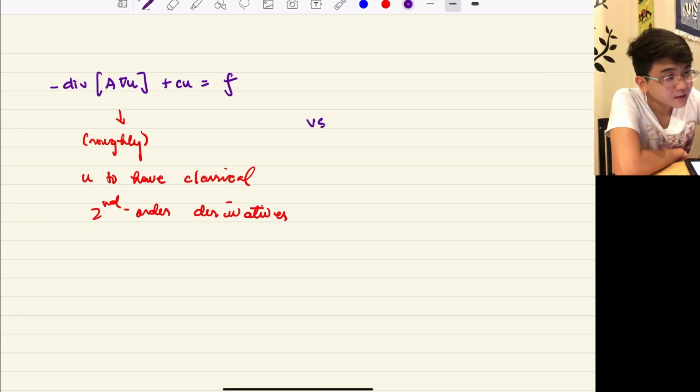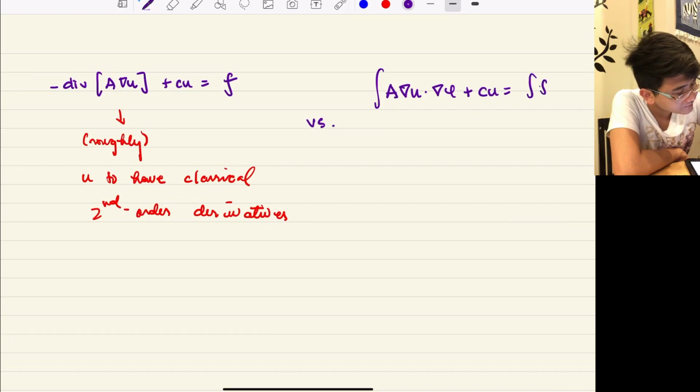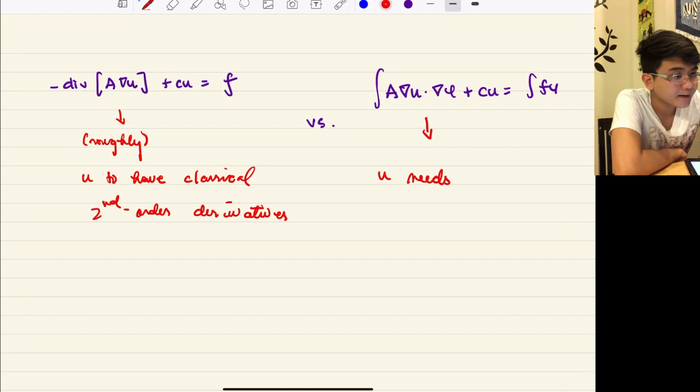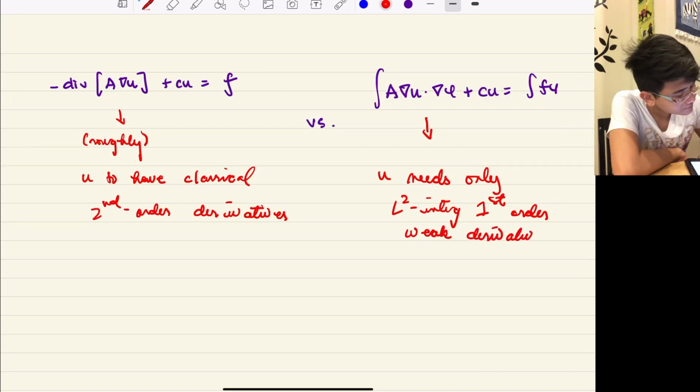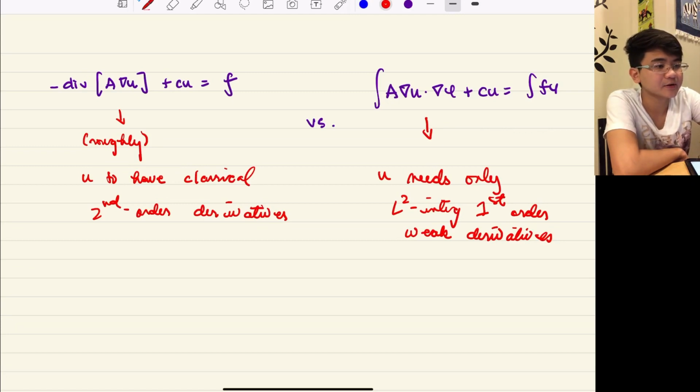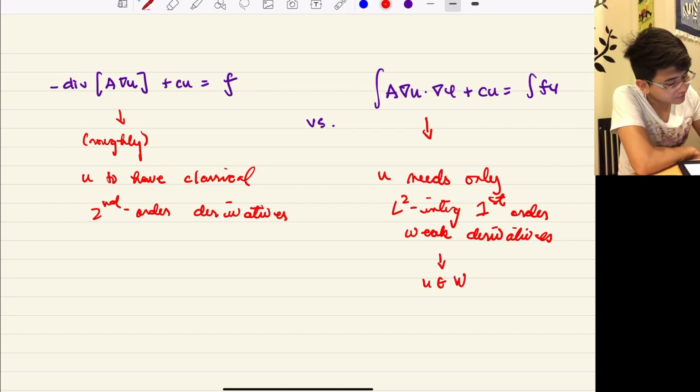Compare that with this equation, where you only need u to have L2 integrable first order weak derivatives, or u is in W12.